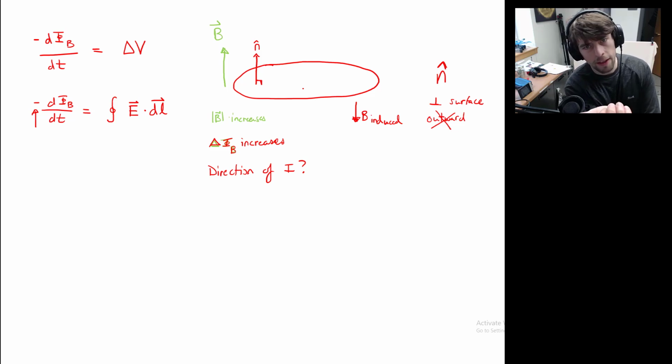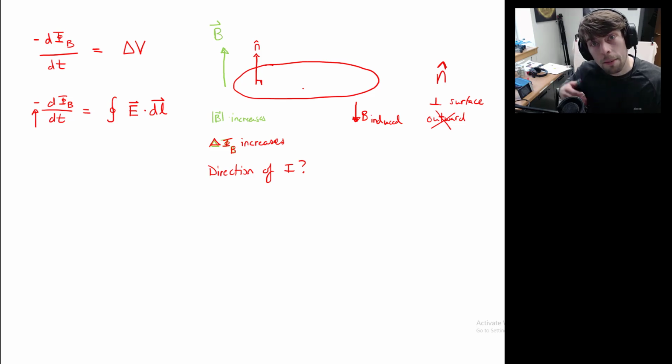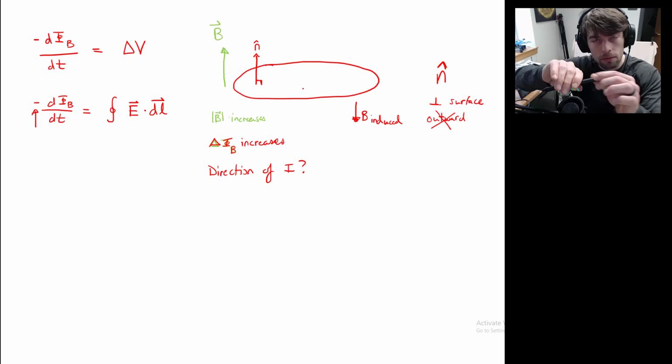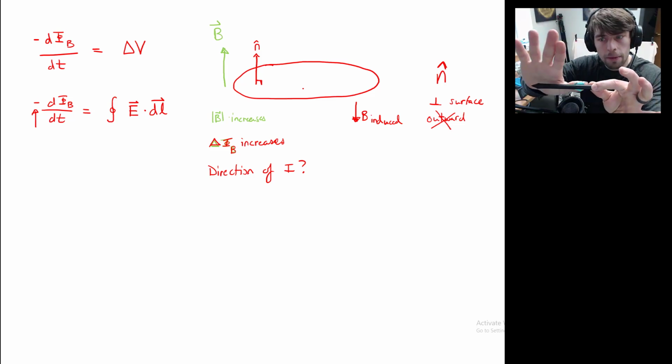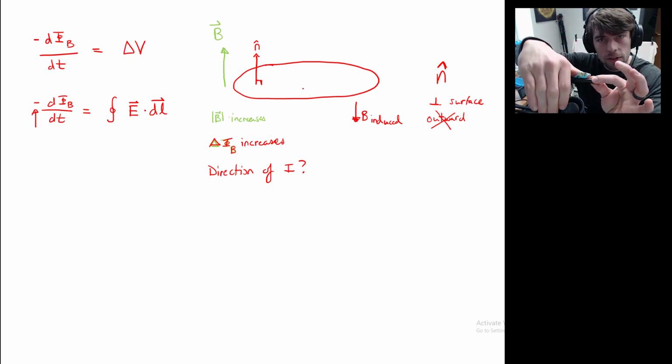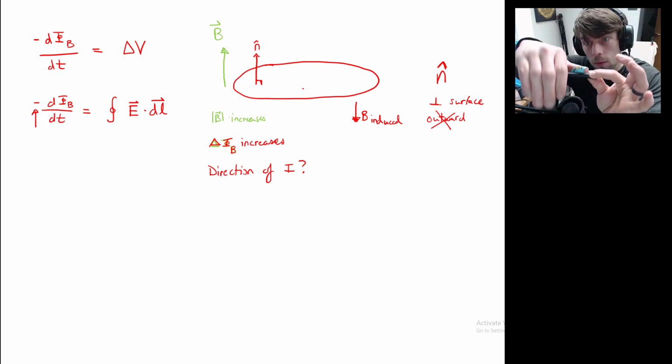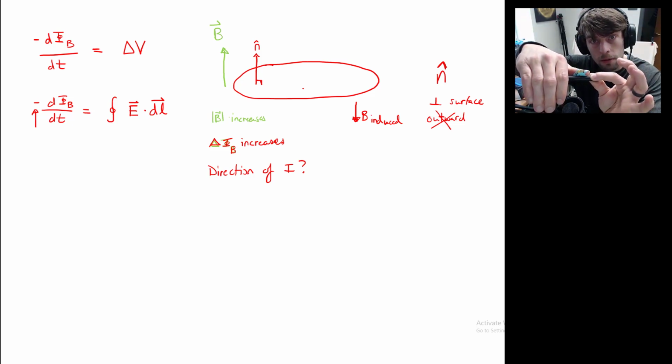Well, that would mean that the magnetic field inside the loop is going up. That's not right. The induced magnetic field should be pointing down. So if I'm grabbing the front end of that wire, I should grab it so that my fingers are curling downwards when I'm inside the loop.